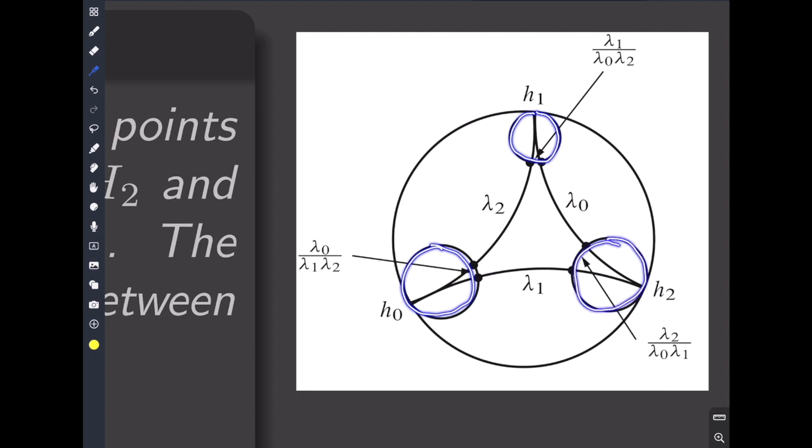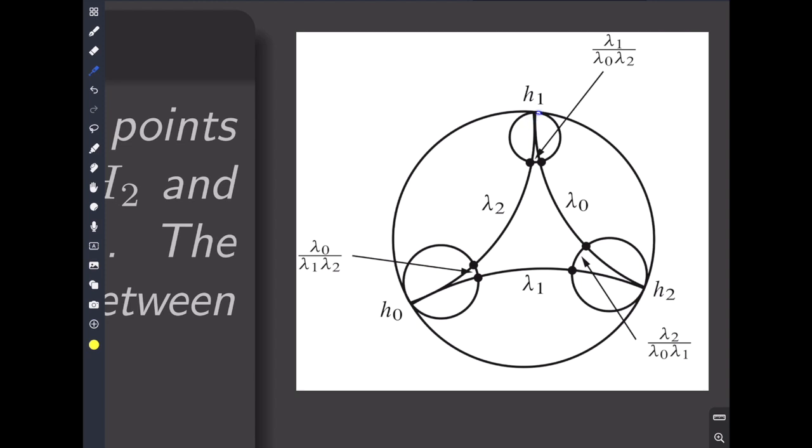Now the oversimplification is that they are drawn without crossings. But the definition makes sense also if they cross. Okay. Now the statement of the lemma is the following.